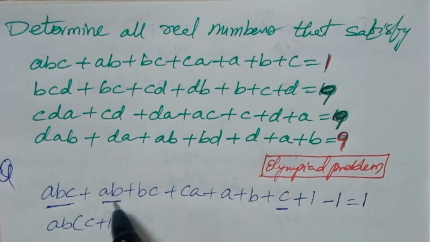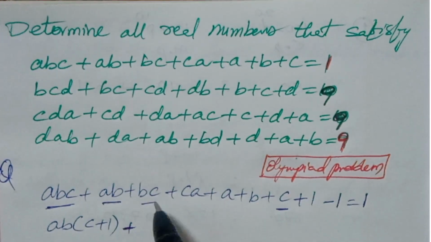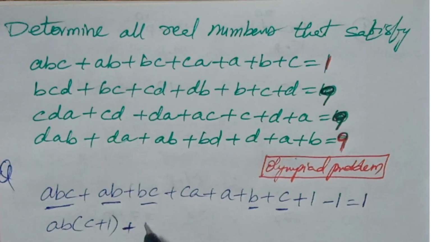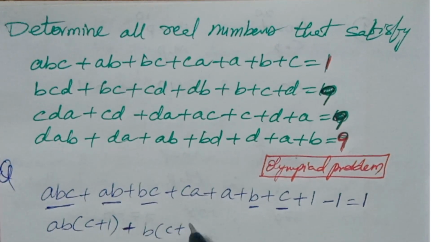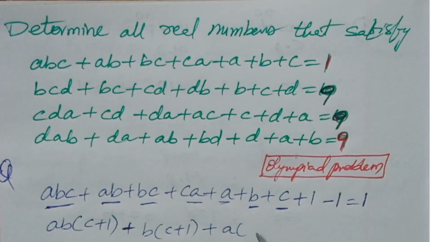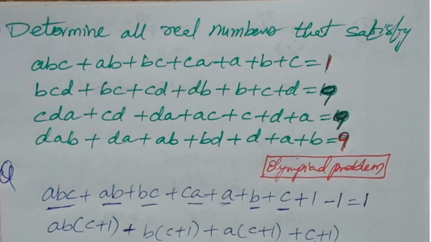In this, take ab common, ab(c + 1), here b common, b(c + 1), here a common, a(c + 1), plus c + 1.